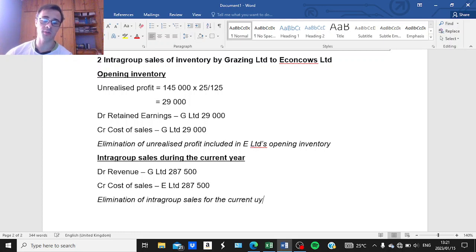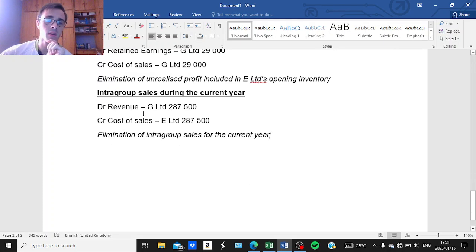So no unrealized profit that we are eliminating. We are just eliminating common items. So this will be shown in the consolidated statement of profit or loss and other comprehensive income.